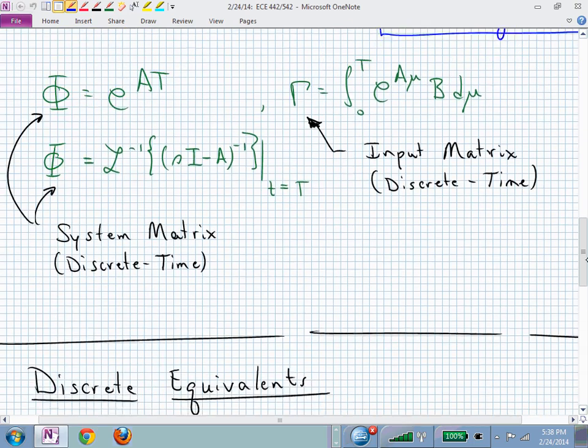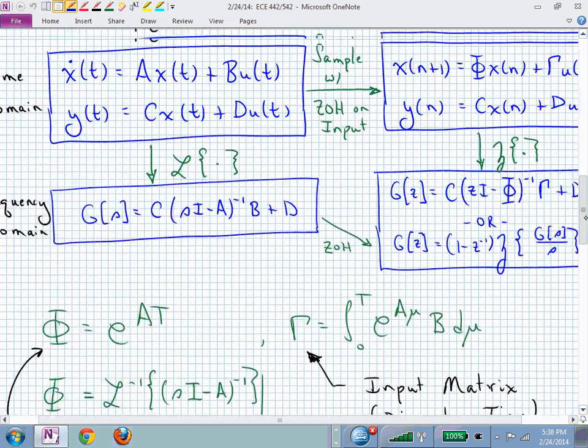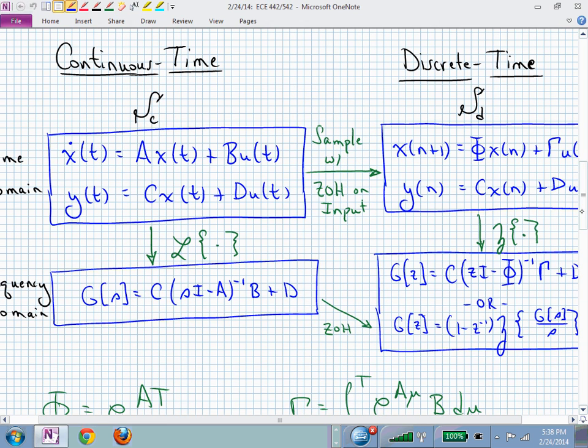That I'm assuming you know or will know by homework 4 and exam number 2. This square, how to navigate around this square of going from continuous time to discrete, state space to transfer function, etc.